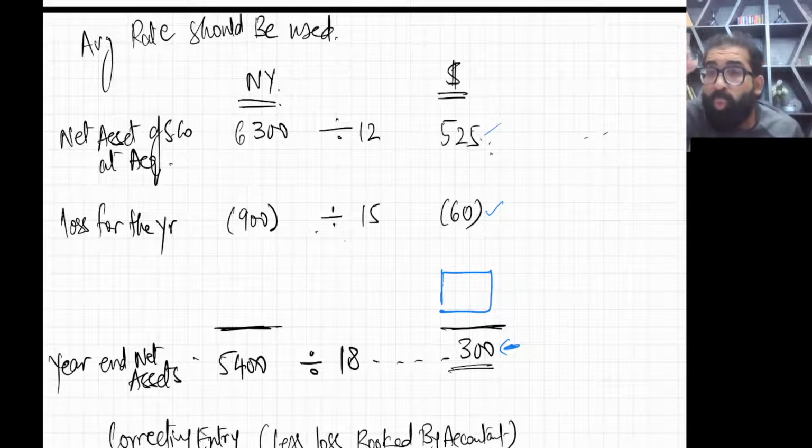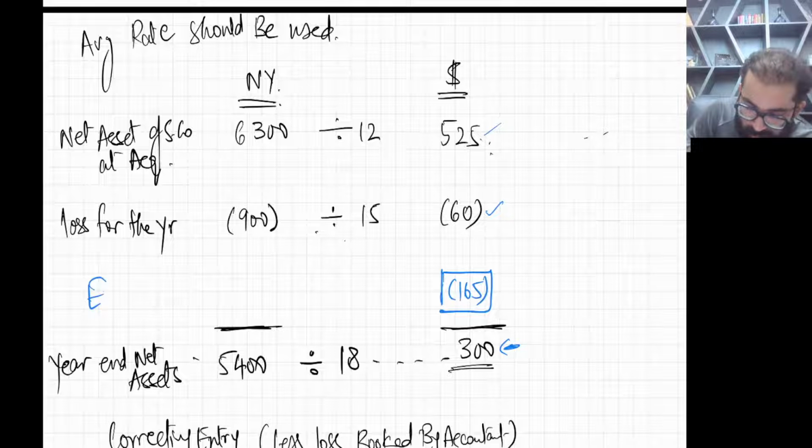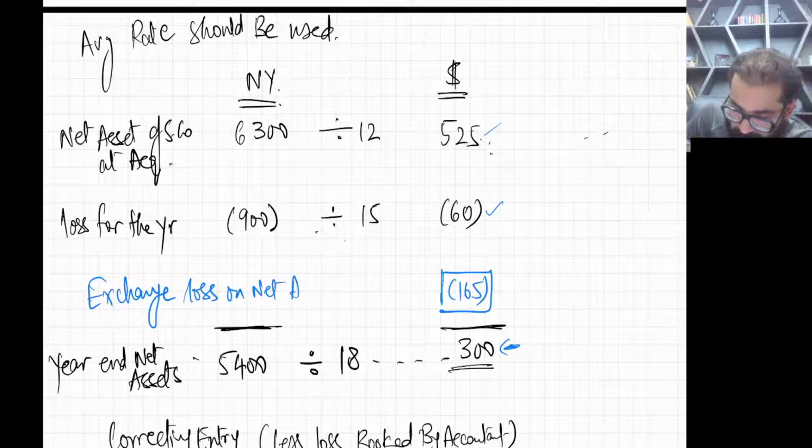So why did it move down? Because there is an exchange loss on net assets of the foreign operation. This is a balancing number.